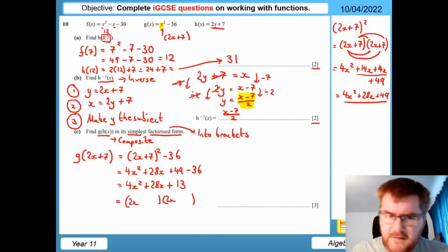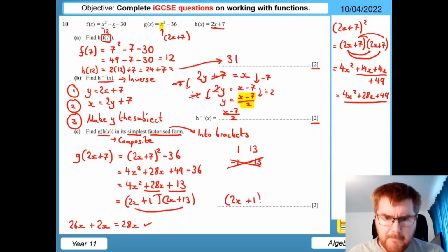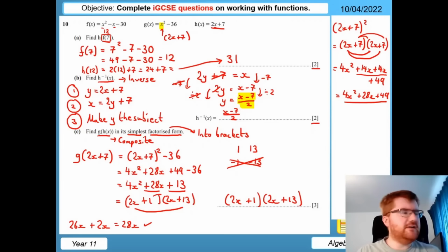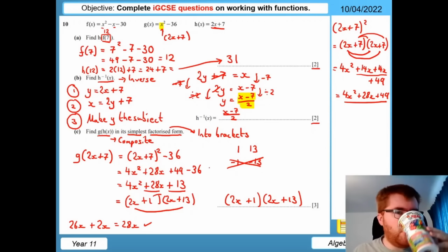So that's going to be our third mark, making sure we can put this into double brackets. So that's pretty tricky to notice that, first of all, you need to do that process, and then secondly, that this difficult factorization is actually possible here.